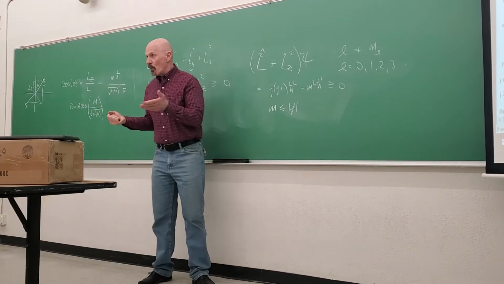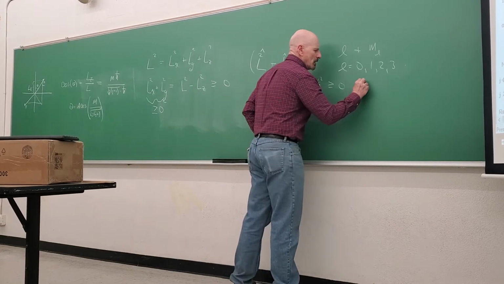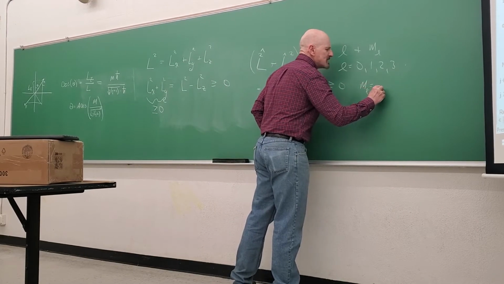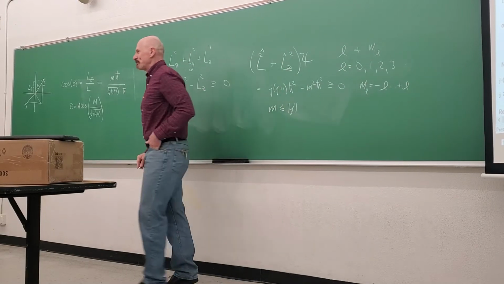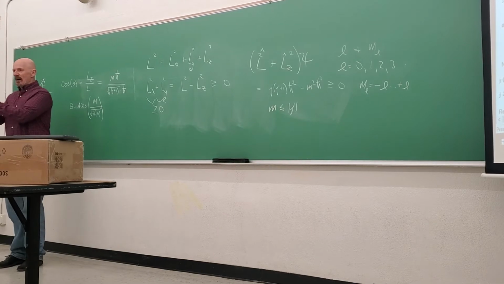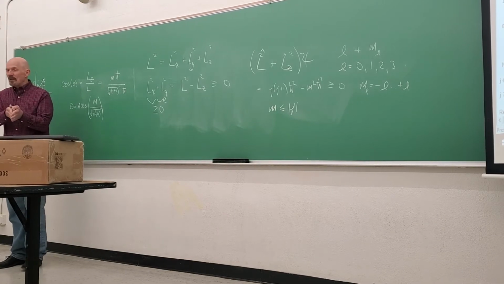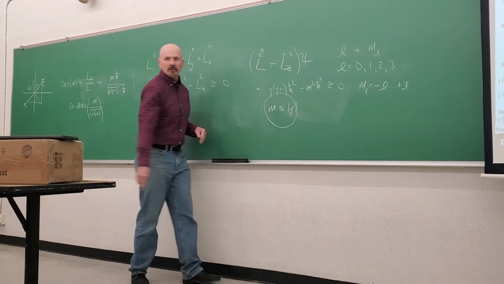But since it works the same way, you were also told that m sub L had values of minus L all the way to plus L in integer values. So if L was 2, m sub L could be minus 2, minus 1, 0, 1, and 2. That's where that came from, right here. So that's what this one then requires.